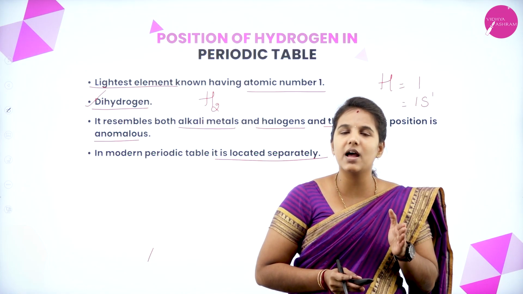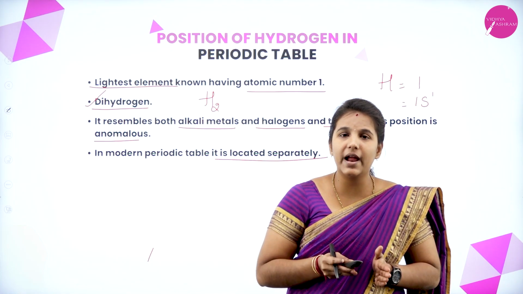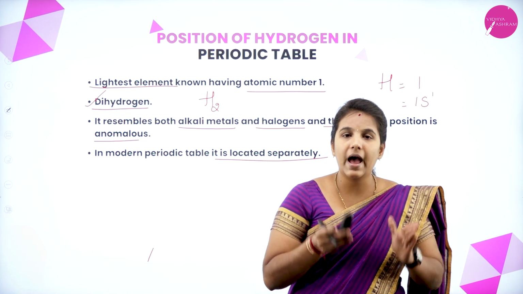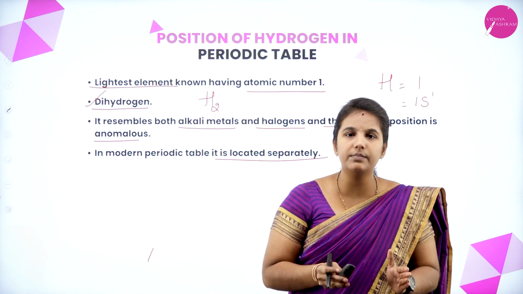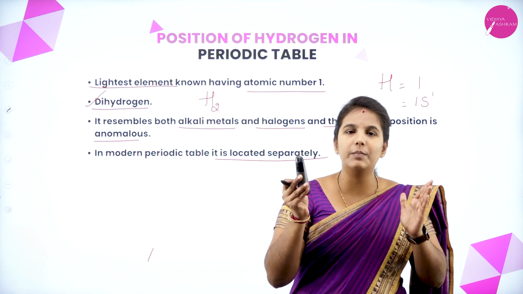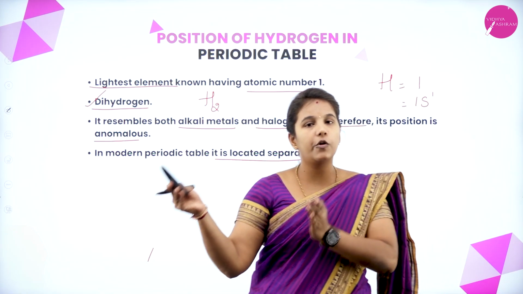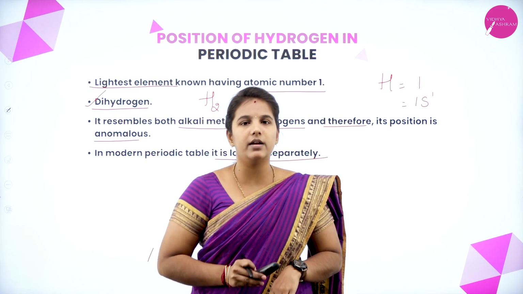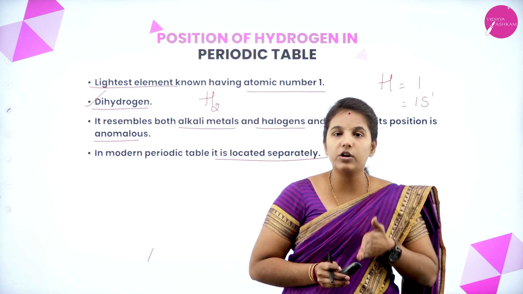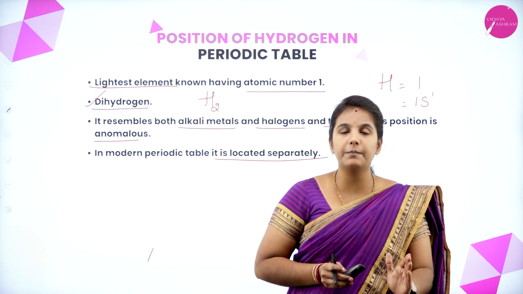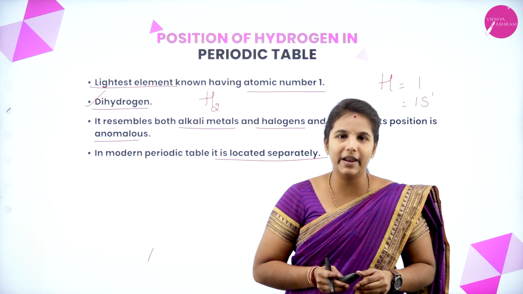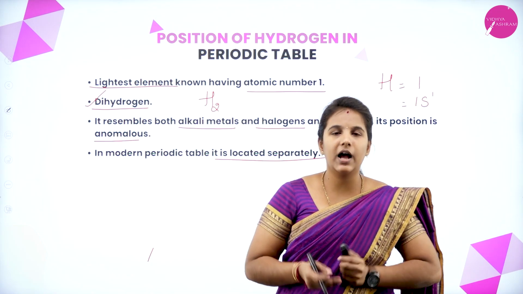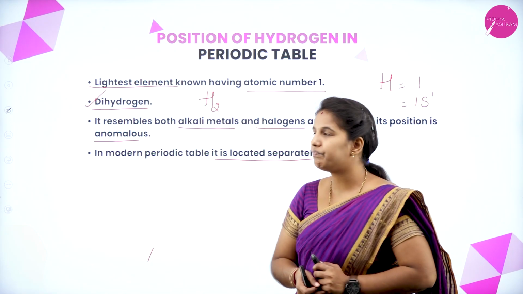Why is it like that? Because the hydrogen atom, being the lightest with only 1 atomic number, has properties entirely different from the rest of the elements. That is why in the modern periodic table we have kept hydrogen separately because of its anomalous behavior.